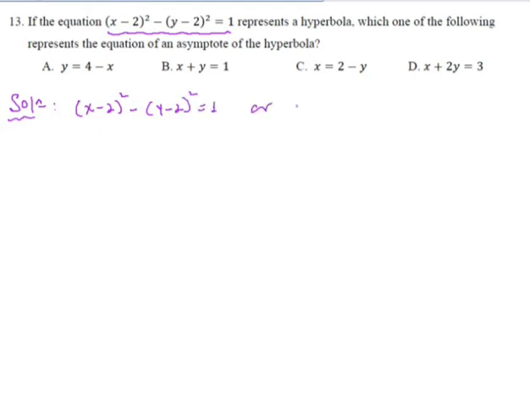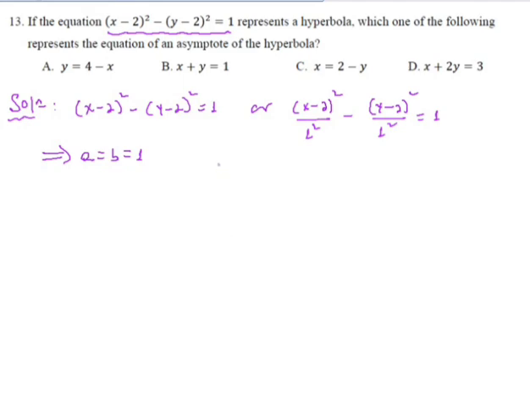Or in standard form, you can write it like this: (x minus 2) the whole square over 1 square minus (y minus 2) the whole square over 1 square is equal to 1. This means both a and b are 1.